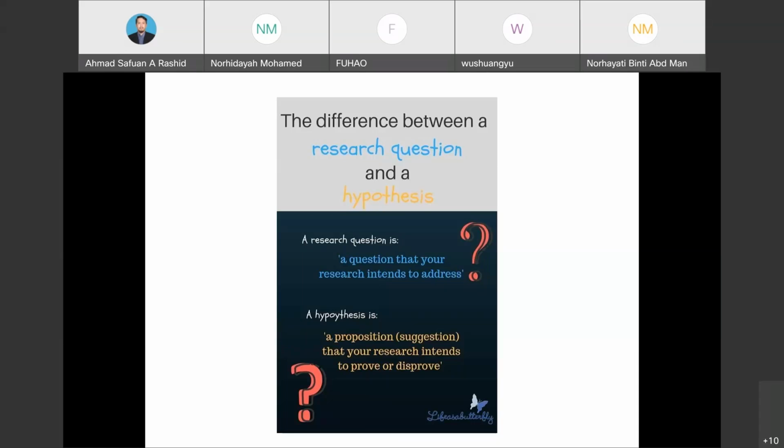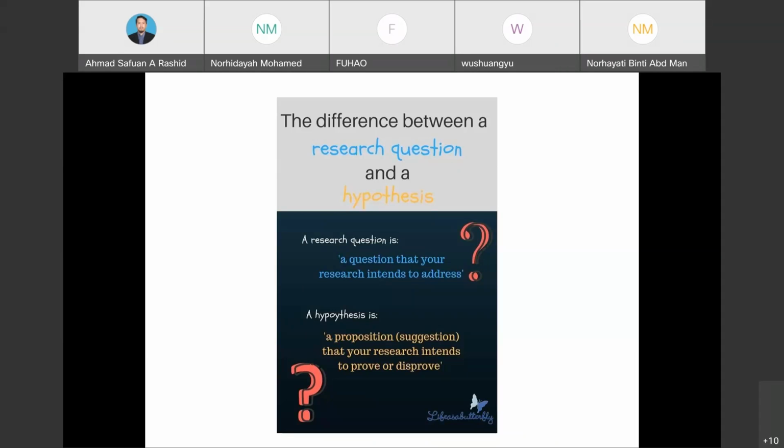The research question is very general. From that research question, you try to come out with the answer by carrying out this study.